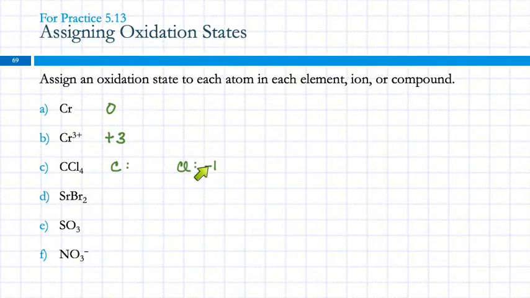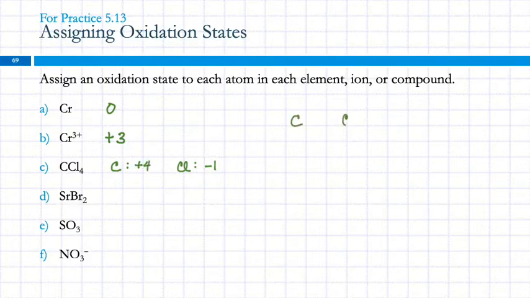So the chlorines are each -1, and there's 1 carbon. All of the oxidation states have to add up to 0 for this neutral molecule. So what does carbon have to be? +4. So it's just like ions.